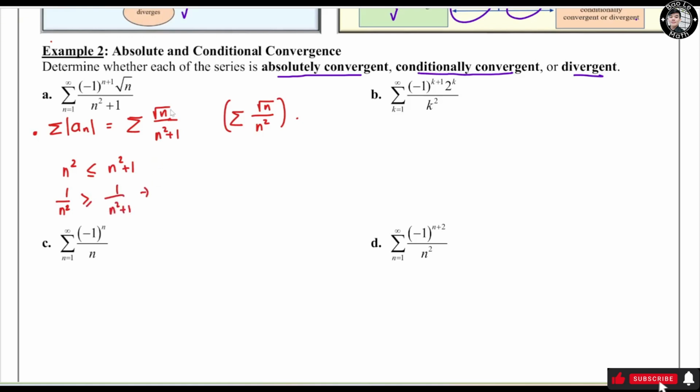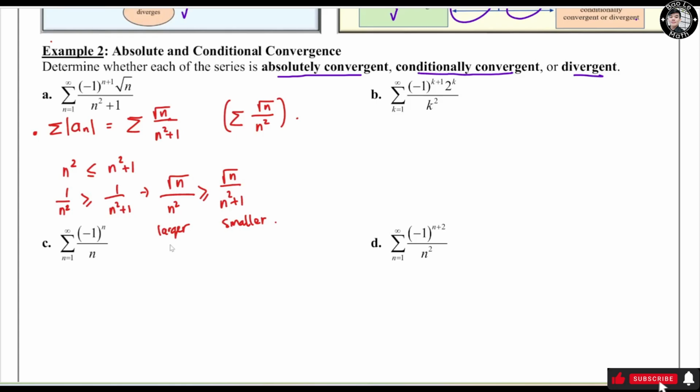So I'm going to multiply both sides by square root of n, so square root of n over n squared is greater than or equal to square root of n over n squared plus 1. Now, this one right here is larger, and this one right here is smaller.